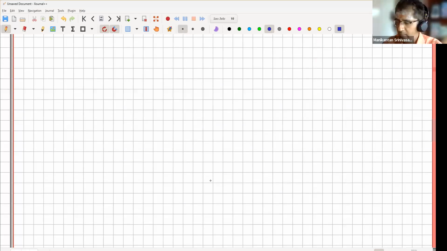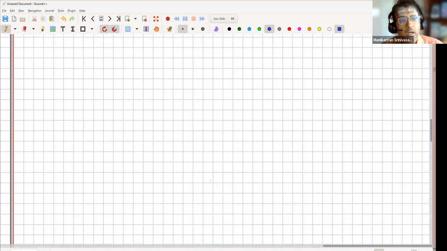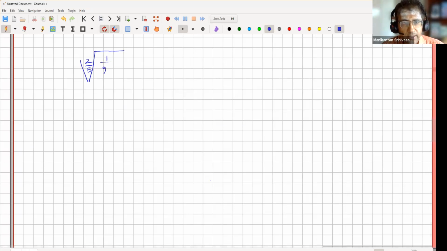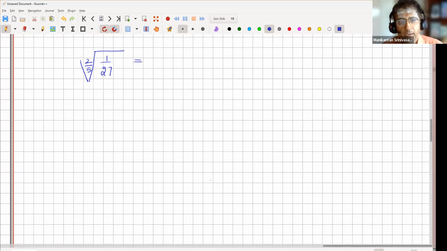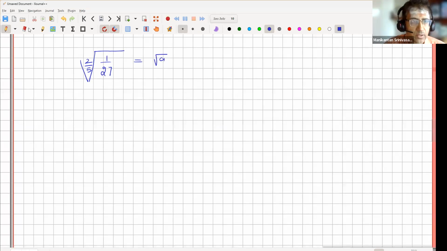Can we write, let's see, 2/5 root of 1 by 27 should be written as, let's see, square root of 9, no, not square root of 9, square root of cube root of 9 power x.